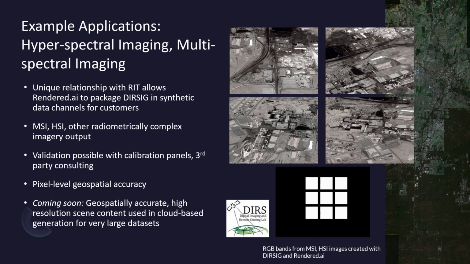This can give customers access to multispectral, hyperspectral, and other radiometrically accurate information that can be output from DIRSIG. You can validate using calibration panels, and we've also engaged for some customers with third-party validation using real live physicists. And you can actually get pixel-level geospatial accuracy.